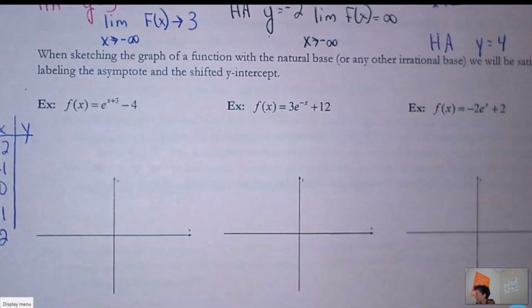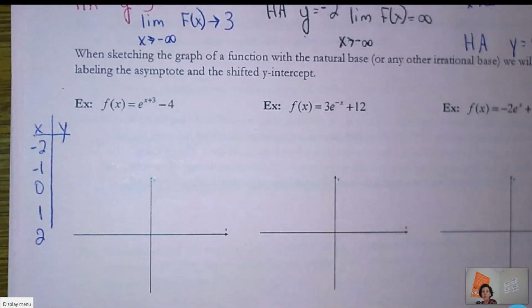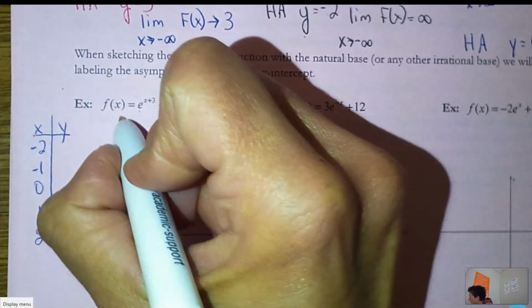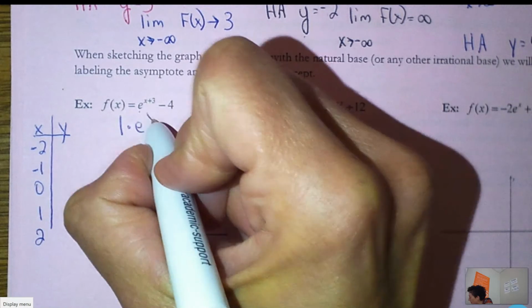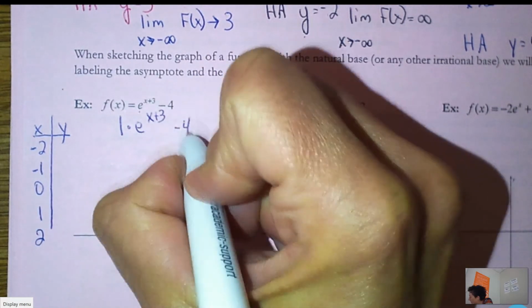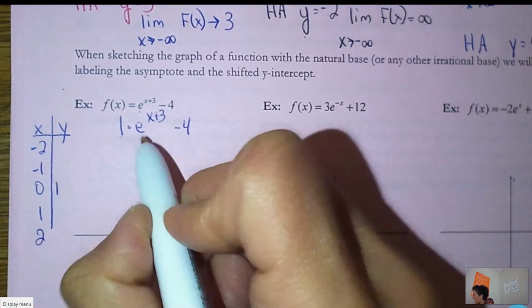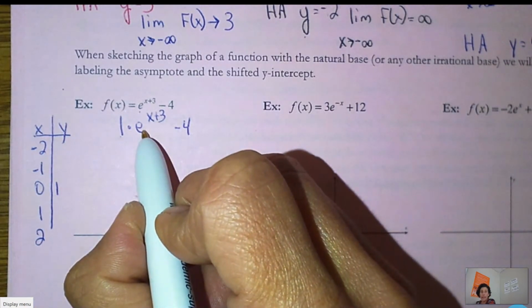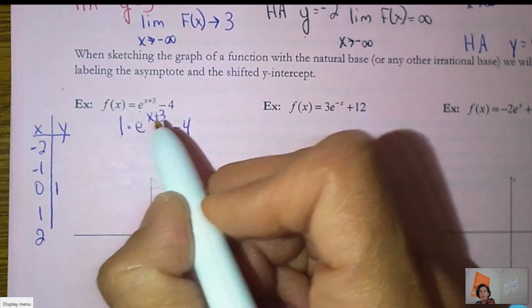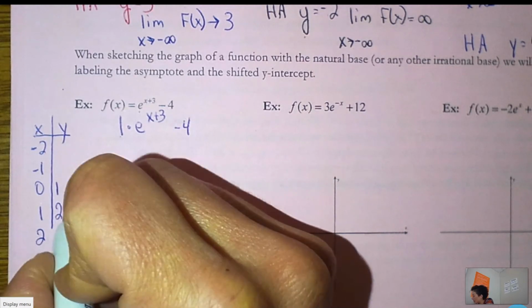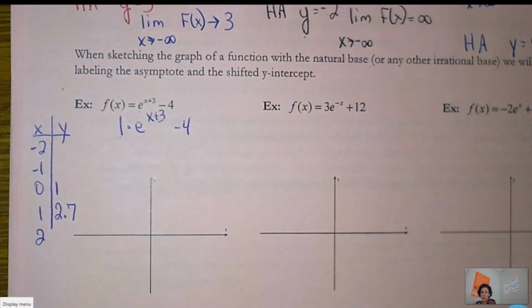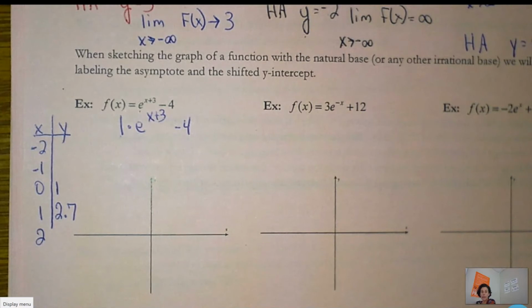So again, to make this match the other ones, I need a y-intercept, so 1 times e. There's my y-intercept, and then this is what I should be multiplying by each time, so about 2.7, so about 3, and that's it. Those are the only 2 points I really want on there, 1 and what e is worth.